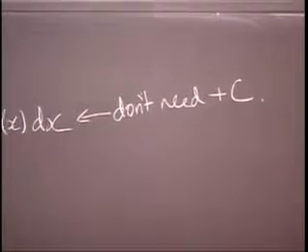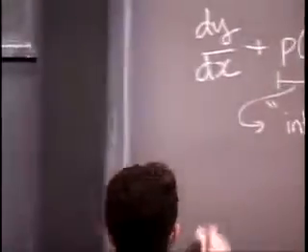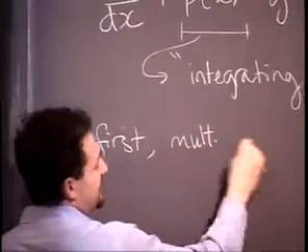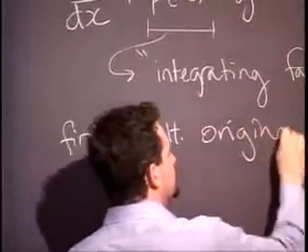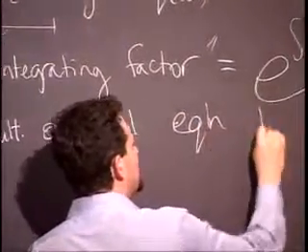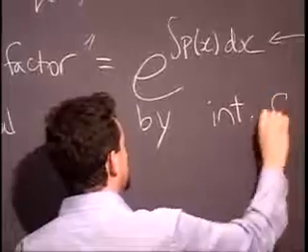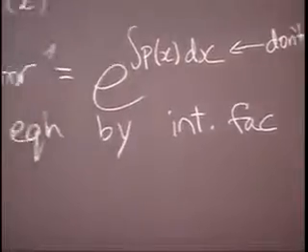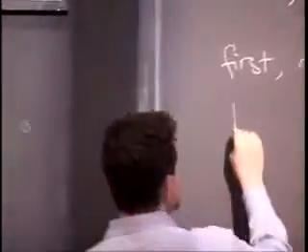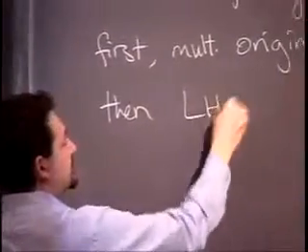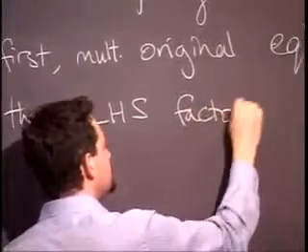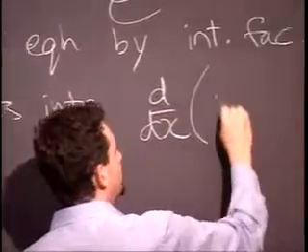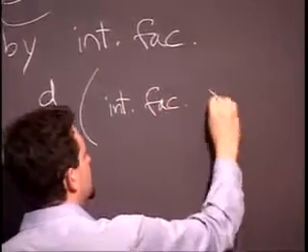If you multiply through the differential equation, so the first thing you do, multiply the original equation by this integrating factor. So you do that first. And then the left-hand side factors, hence the integrating factor, the left-hand side factors into d dx of the integrating factor times y.